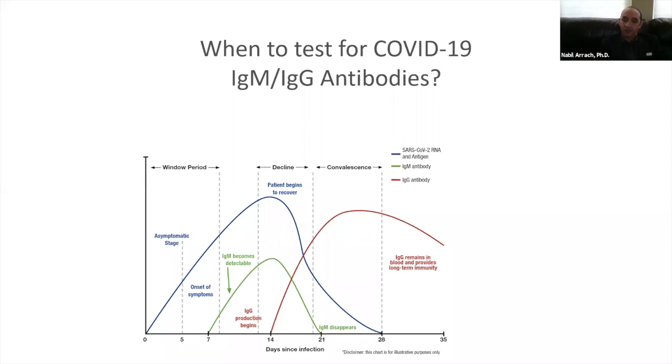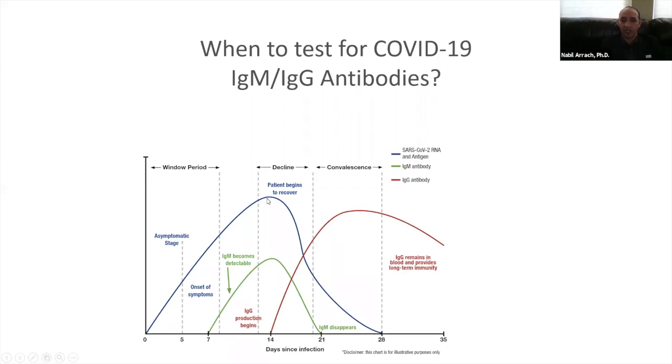So let's move to another type of test, which is testing for antibody. And with antibody testing, obviously you have the IgG and you have the IgM. And this graphic is just an illustration, not real graph data, but it's very close to what we have collected so far as a society.